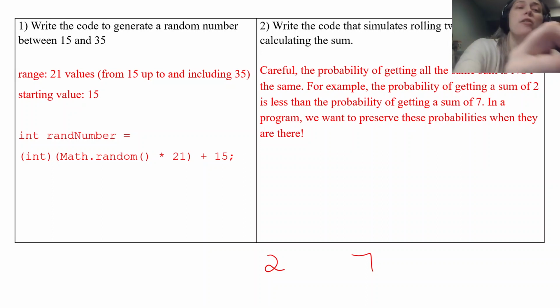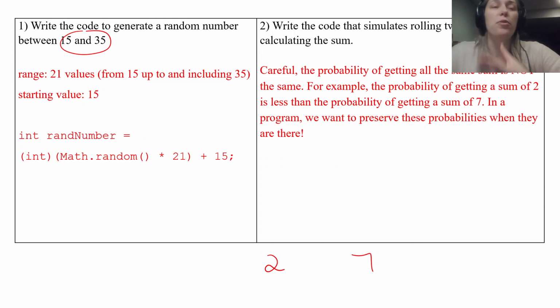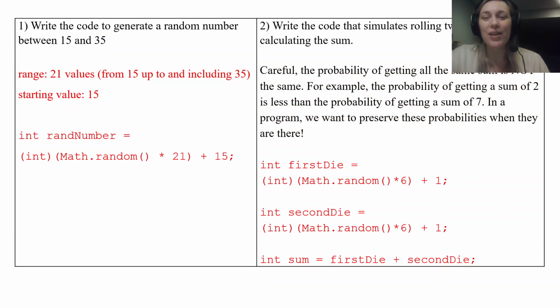Here, over in number 1, we didn't talk about probabilities because we wanted each of those numbers to have an equal chance of being chosen. In problem number 2, the chance of choosing a 2 is not the same as choosing a sum of 7. So we have to preserve probabilities when there's a different chance of it being chosen, essentially. How do we do that? This is the way we do that, where we actually have 2 dice and use math.random twice.